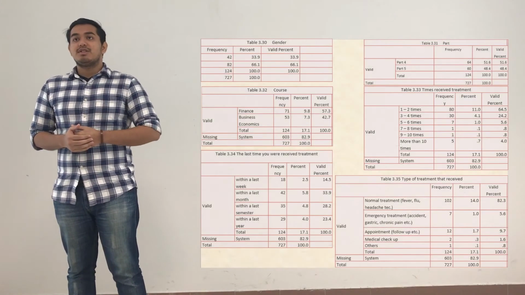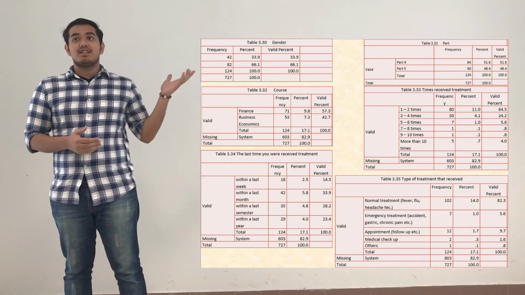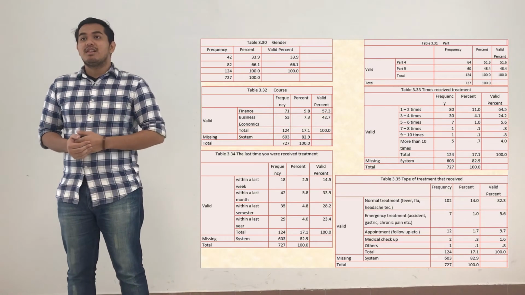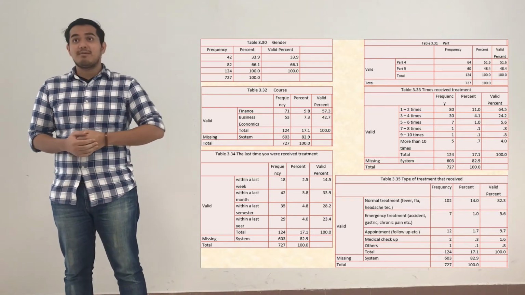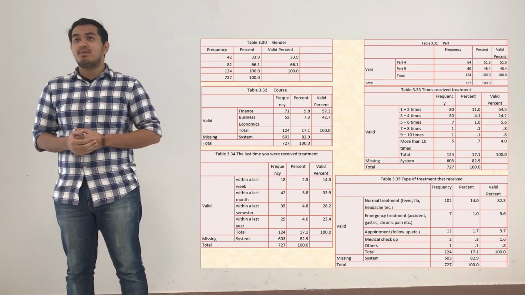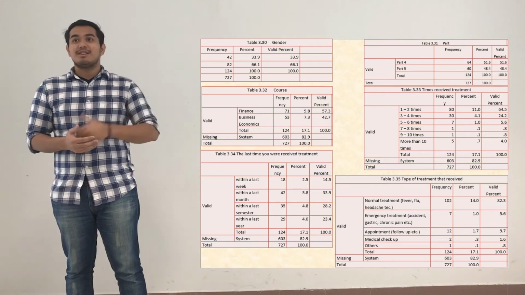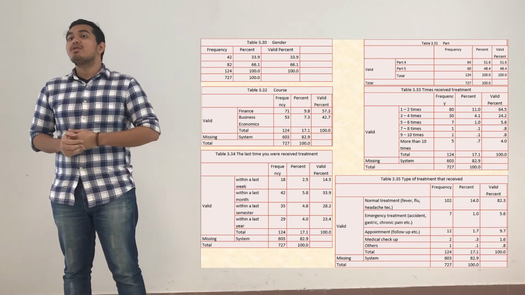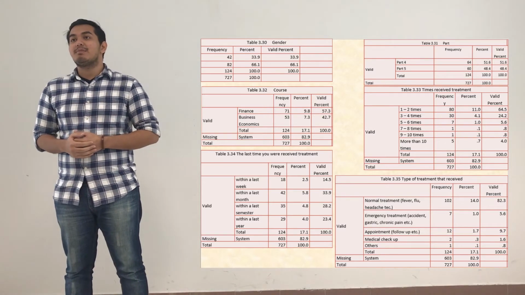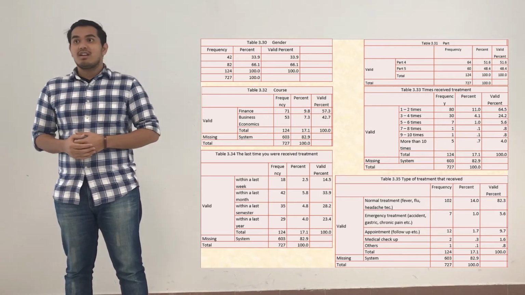Table 3.30 shows the gender of respondents that participated in the study. The result shows that 42 of them are male and 82 of them are female. In addition, Table 3.32 shows the course of respondents that participated in the study.